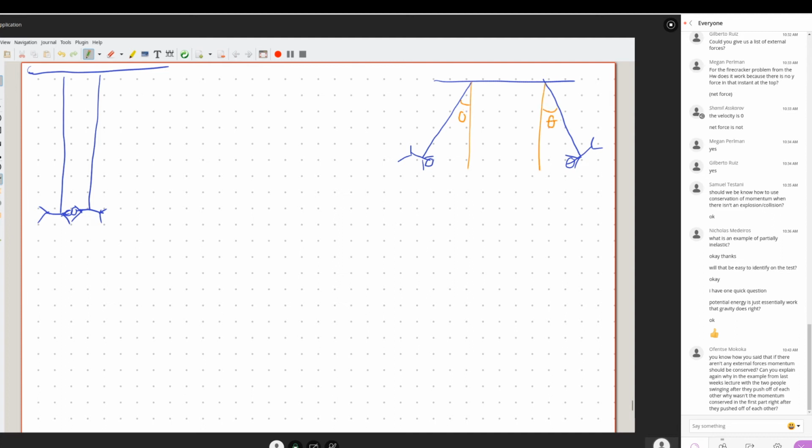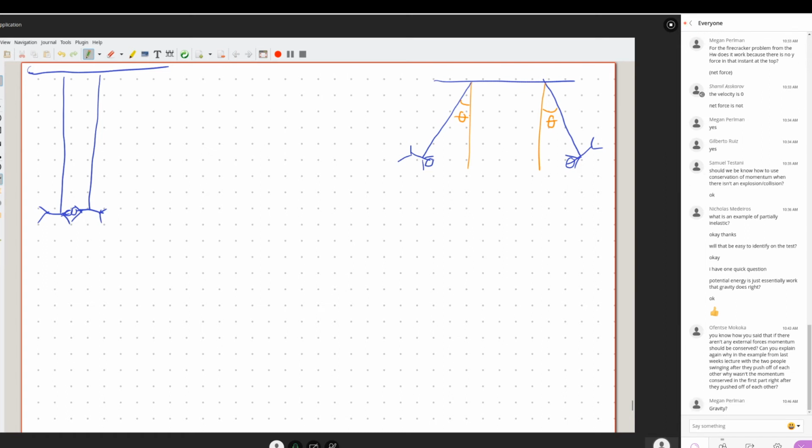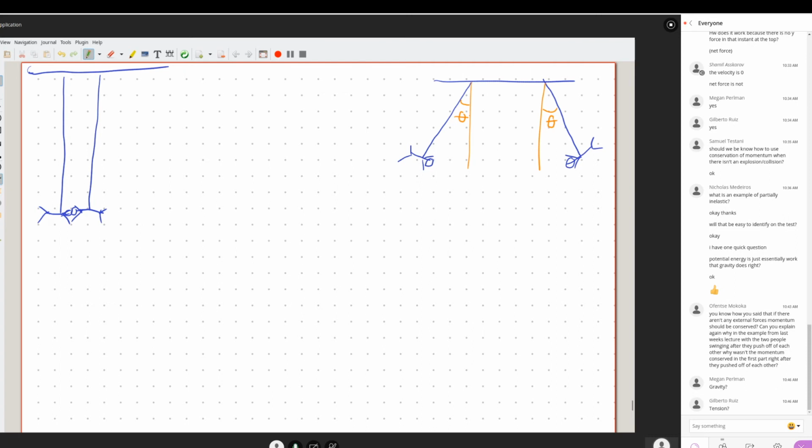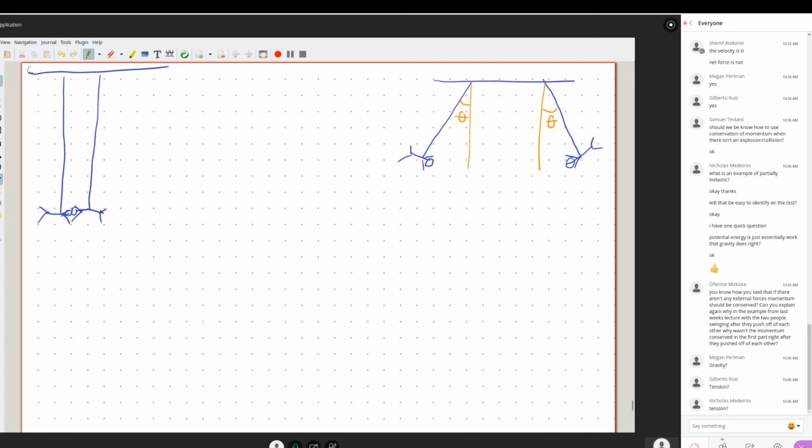So the way that you know momentum is not conserved from here to here is that momentum is not conserved if there is an external force. So what external force acts on these people while they're swinging through the air? Gravity and tension.